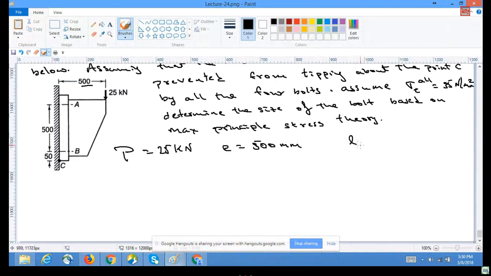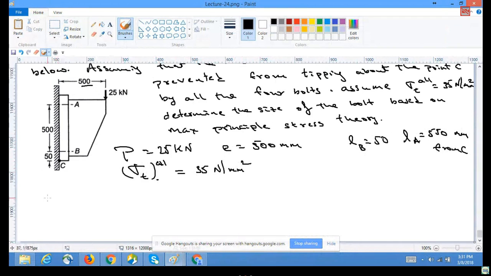Let's say LB is 50, LA is 550 from the C location, and sigma T maximum or allowable is equal to 35 Newton per mm square.